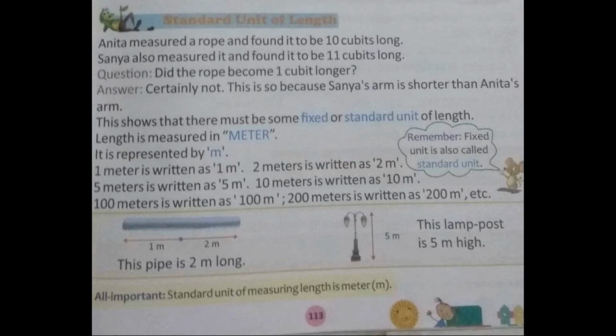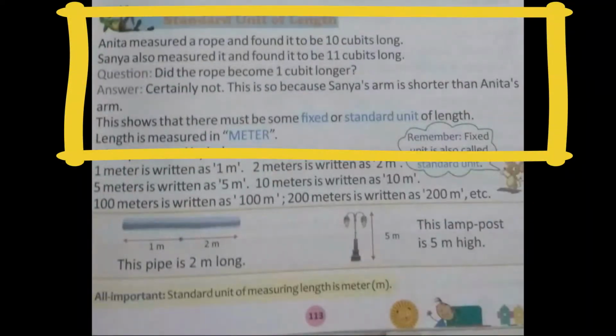But if your mother is going to measure it, it will be hardly 6 or 7 spans. It's because your hands are small and mother's hands are big. So non-standard units vary from person to person.